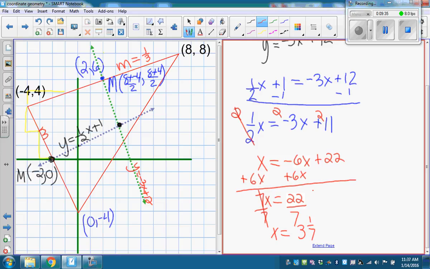So look at the picture and see if it's reasonable. Over 3 and a little bit more. That looks reasonable, right? So far, so good. Have a reasonable start. So, Jossie, how do I find y?